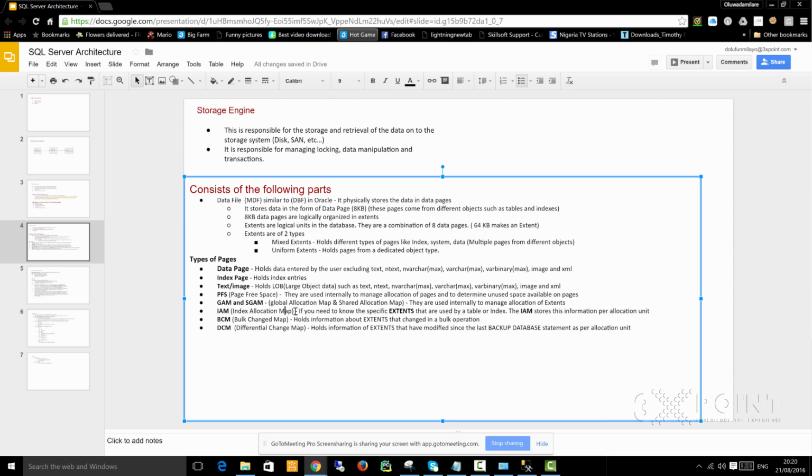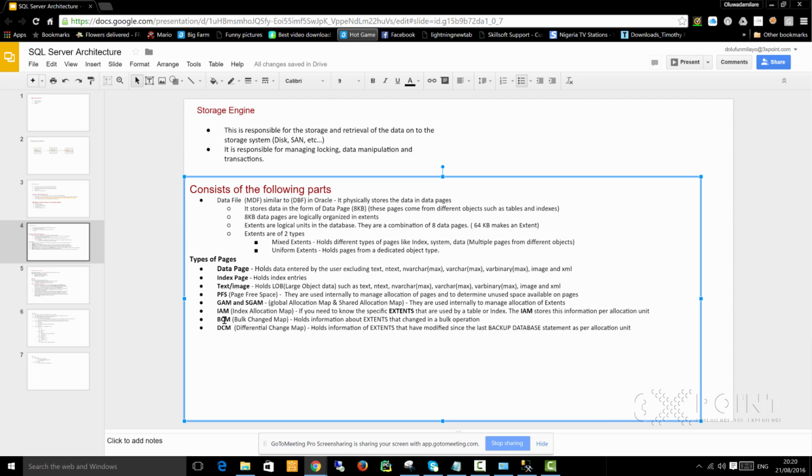It uses this page to identify that this extent is used by a table, or it is used by an index. It stores the information per allocation unit, so for every allocation of the data, it stores this information inside the IAM page.